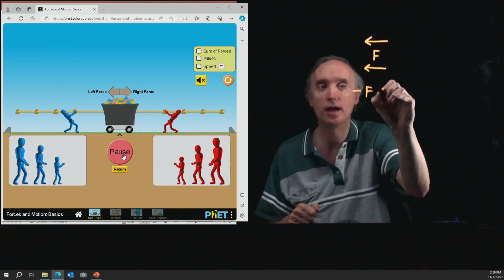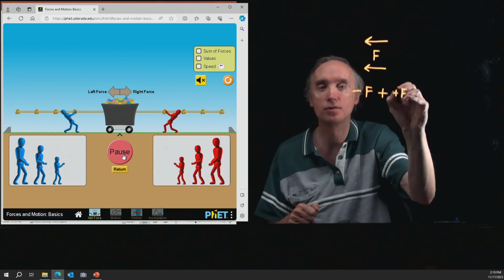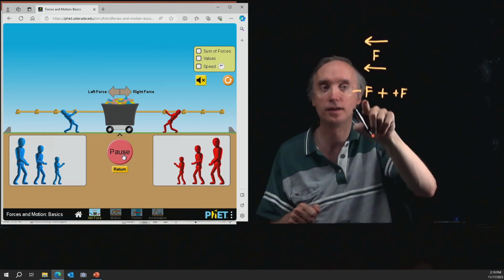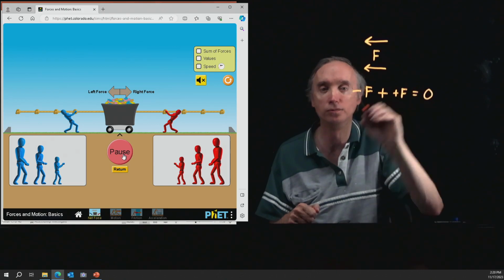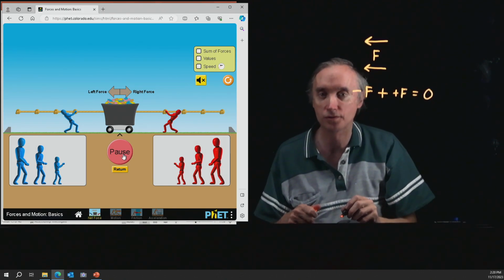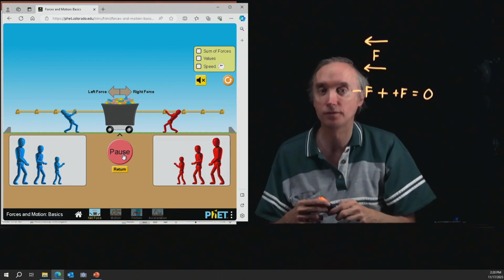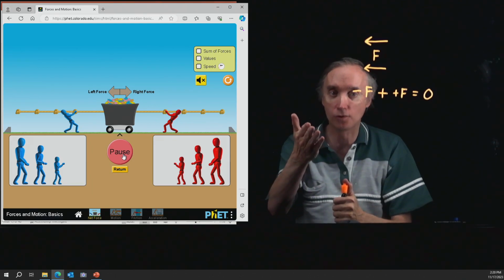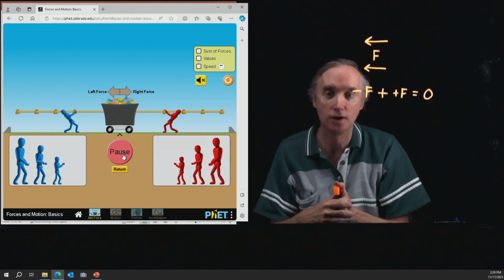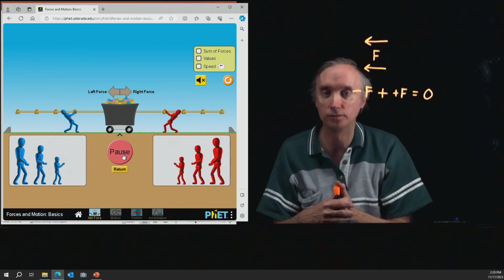And then if we add it to a positive force that's going in the other direction, then you notice that these cancel out, and then you would end up with zero net force. So what I wanted you to get out of this is it takes a net force in order to be able to move something. There was a lot of force being exerted in this picture, but the problem was it was all canceling out, so that the net force was equal to zero.